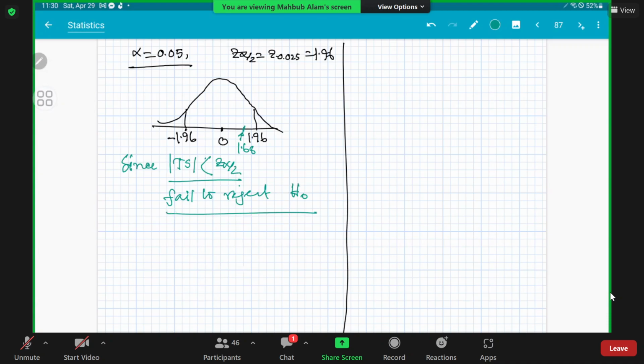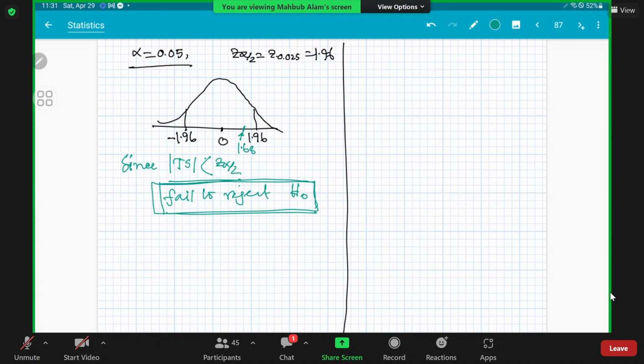So this is our decision. Whenever you conduct a hypothesis test, you need to conclude whether you reject the null hypothesis or you do not reject the null hypothesis.